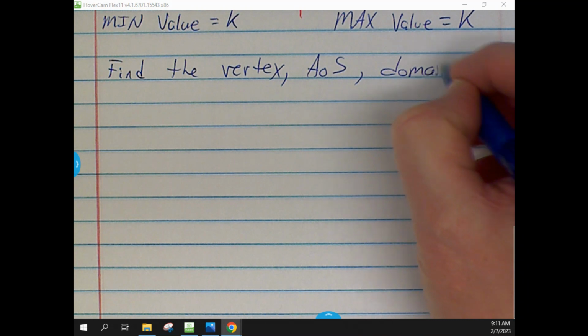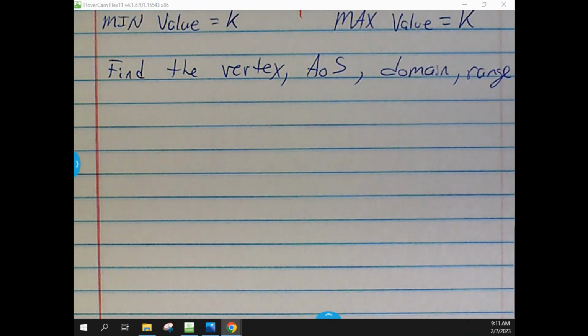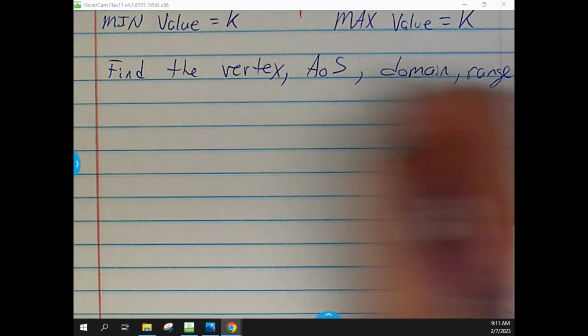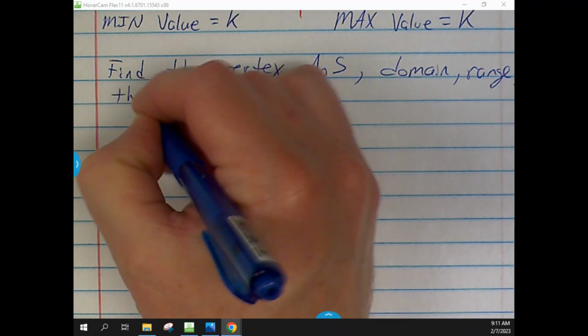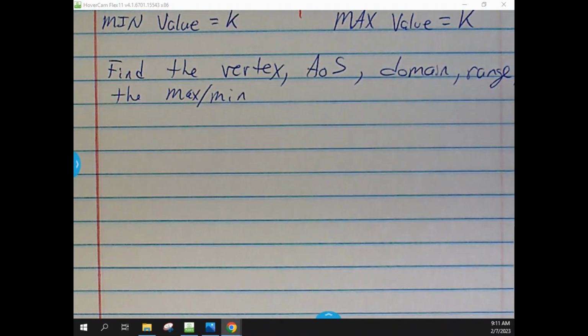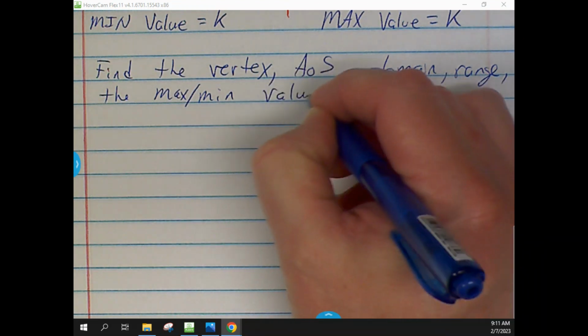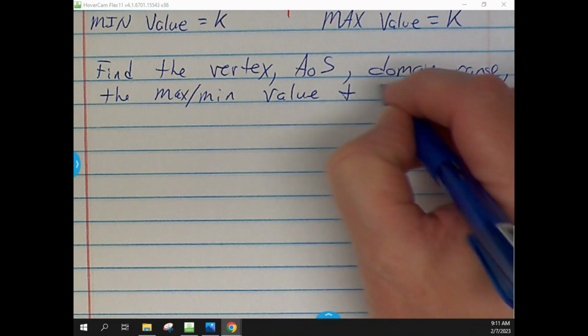We're going to find the domain. We're going to find the range, the max or min value, and they should give you a button where you can toggle back and forth on that one. Some of them it's max, some of them it's min. And then you're going to sketch the graph.